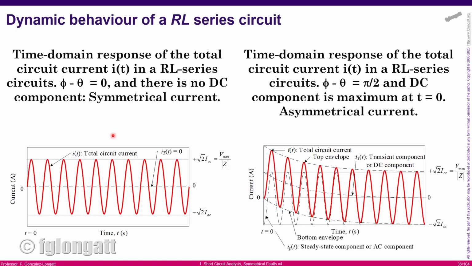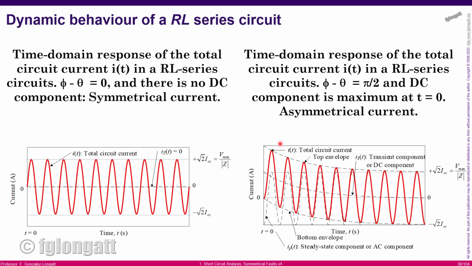Here right now you have two plots. In this case there is no DC component and the current is totally symmetrical with respect to zero. But here we have the case with the maximum DC component. The maximum DC component happens when phi minus theta is equal to 90 degrees. At that time, when we close the circuit breaker, there is a maximum DC component, and as you can see here, the total circuit current reaches the maximum value.